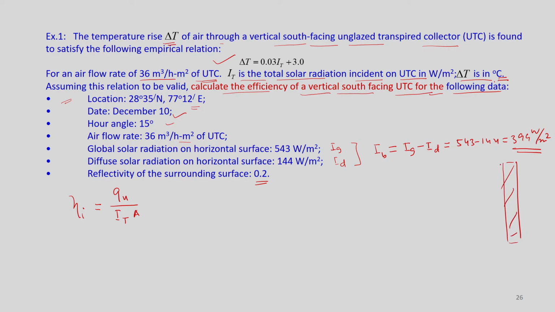So, we also know Q is nothing but m dot Cp delta T divided by IT into A. So, normally in case of conventional collectors we place AP or AC, but here this wall area we need to consider. Okay. This wall area we need to calculate.